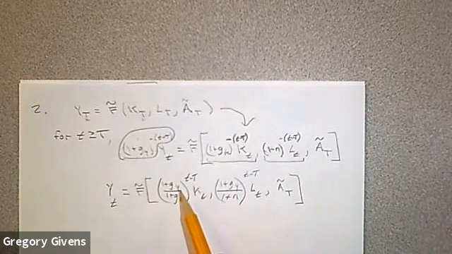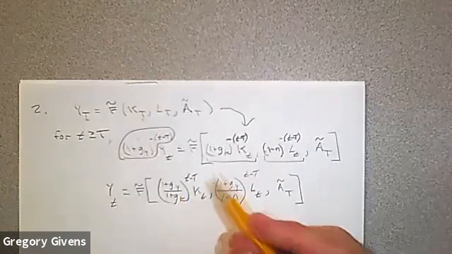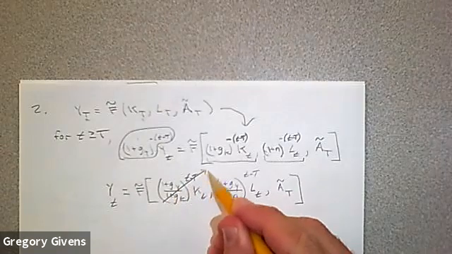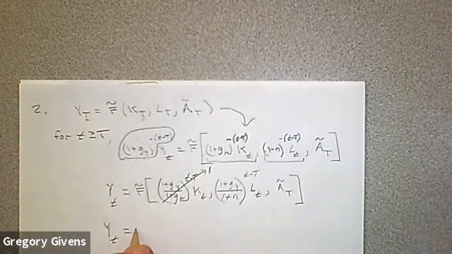Now, what do we know about gy versus gk? From part one of our proof, we proved that gy was equal to gk, right? So this whole term here is just 1. So y_t is equal to F tilde of k_t and so on.